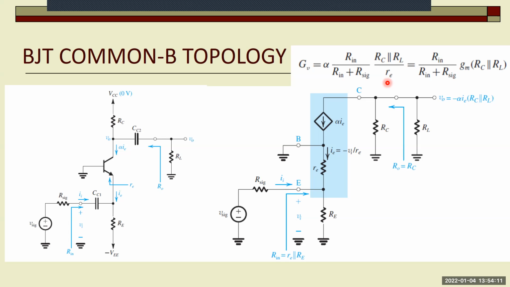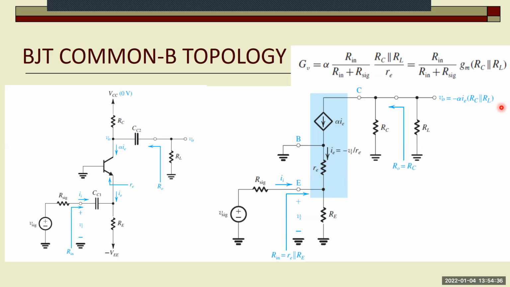Where does the re come into play? Well, the gain is output divided by the input, right? All right. The input voltage, Ve here, is basically that current times re. So output is alpha ie RC in parallel to RL.